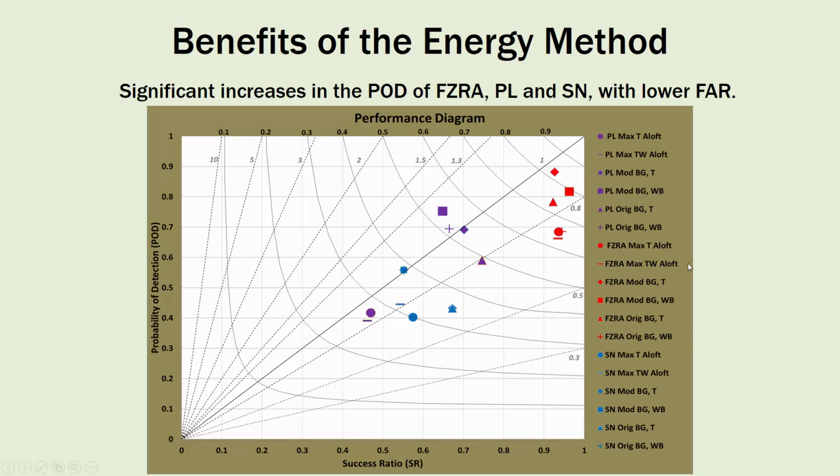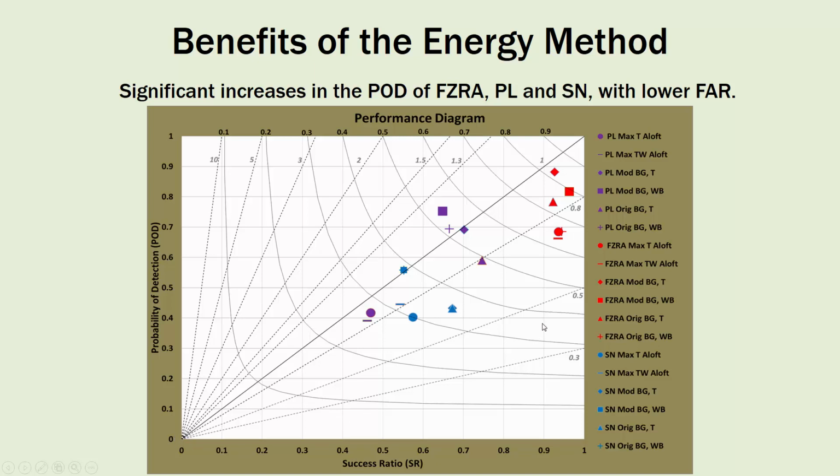So a perfect forecast would be in the top right-hand corner, where you have both a high probability of detection and a high success ratio, or basically no false alarms. On the other side of things, if you're down in this area, you pretty much have no skill, no POD, and your false alarm ratio is 100.